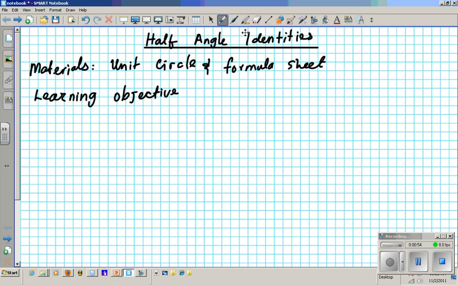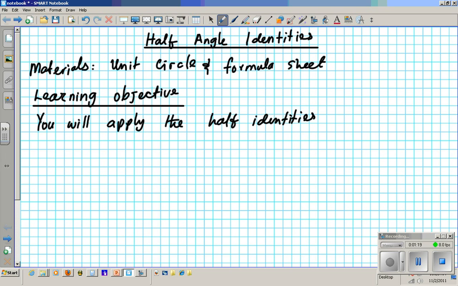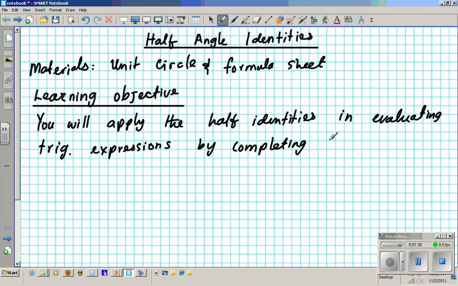You will apply the half-angle identities in evaluating trig expressions by completing 80% of today's assigned boardwork problems.